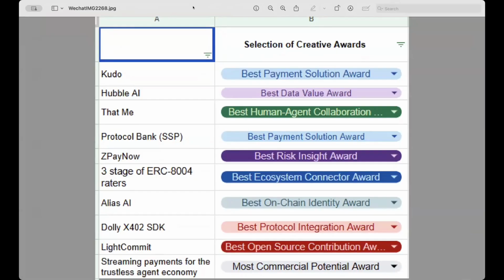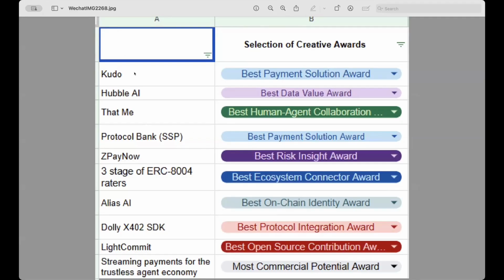I just shared a picture here. As you can see, the projects with some awards related. And now let's celebrate some outstanding work today.